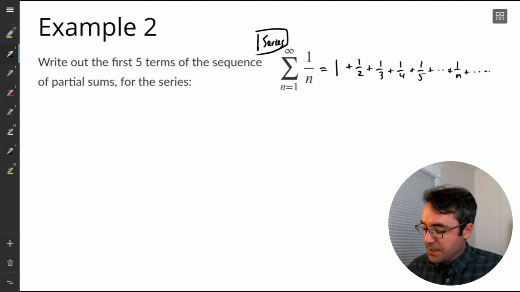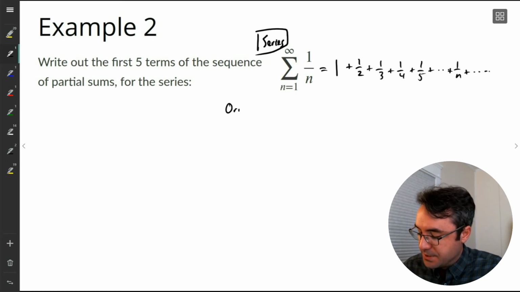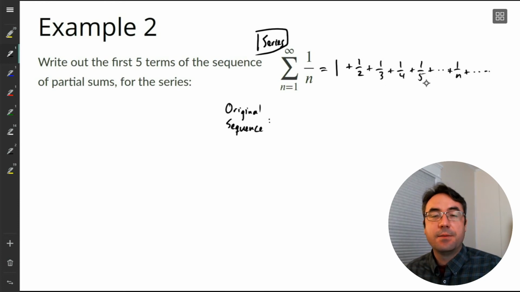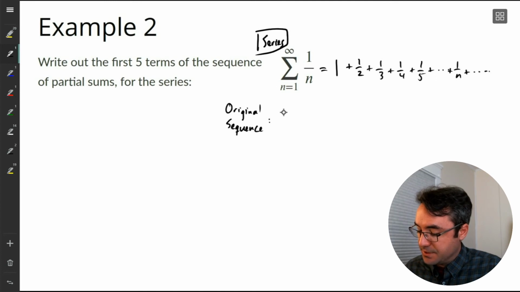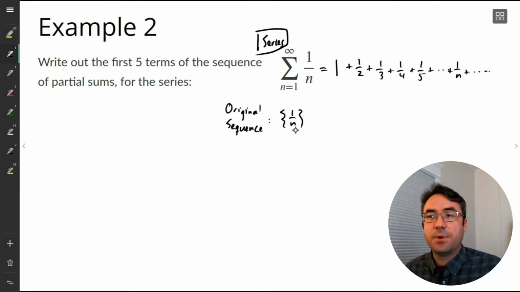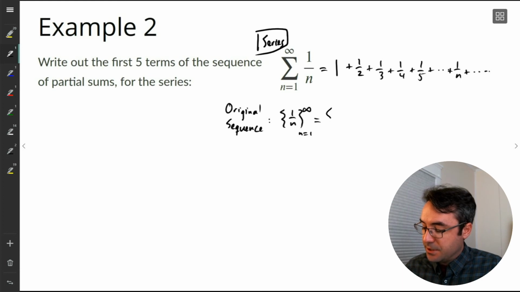All right, so what's our original sequence then? Well, it's just the terms listed here, but we list them out instead of trying to add them all together. So our original sequence is the sequence 1 over n, where n goes from 1 to infinity. And we could just list this out.